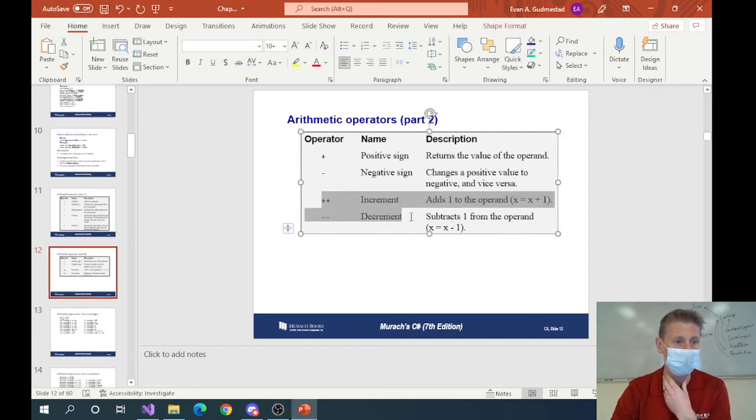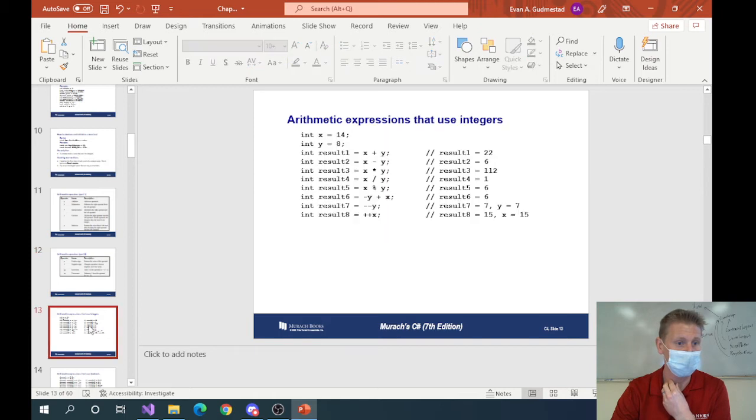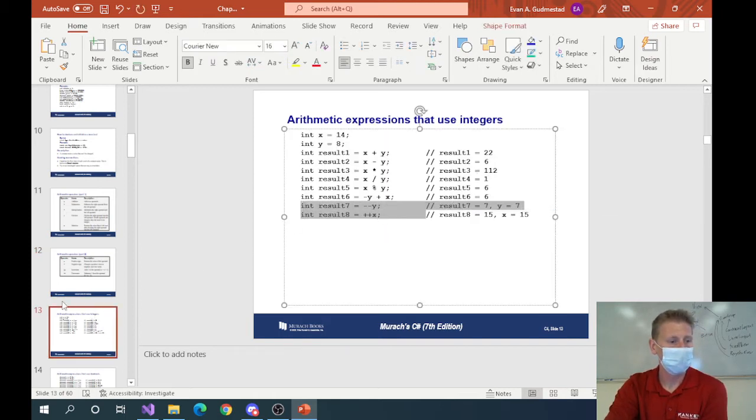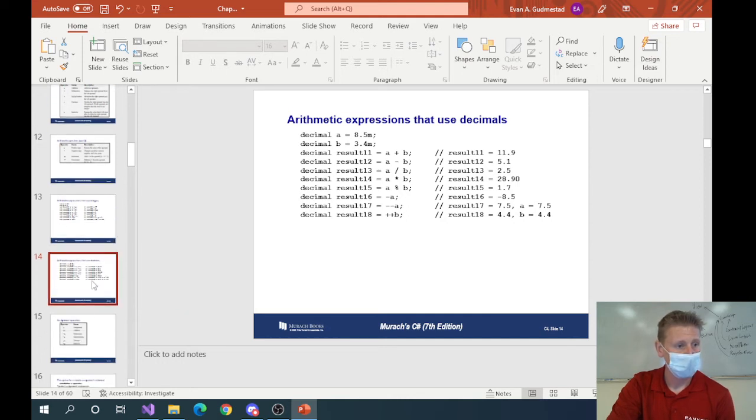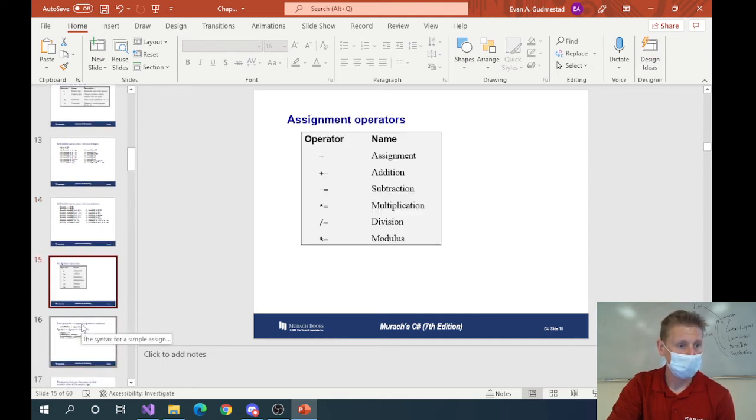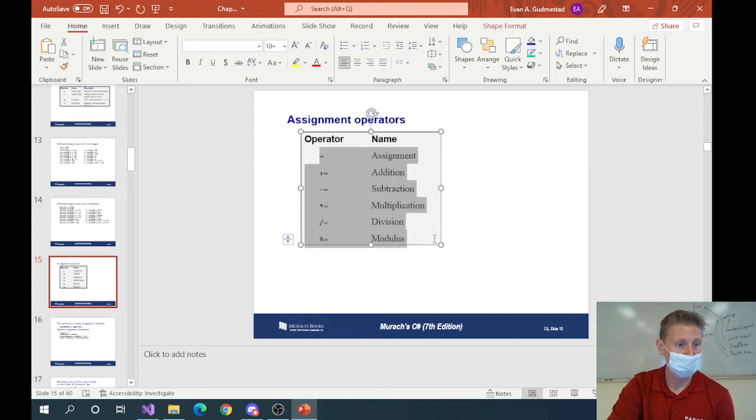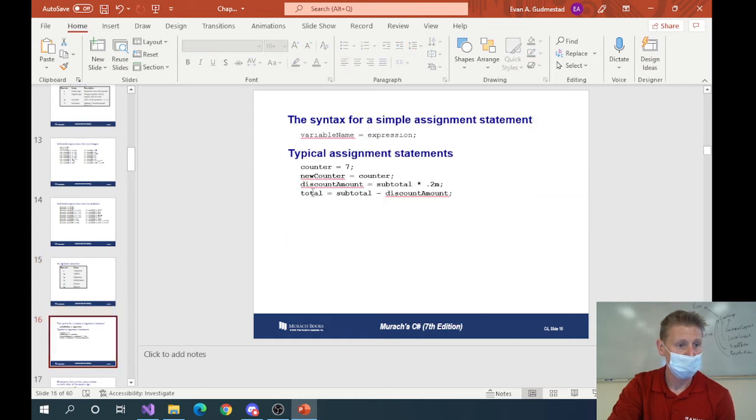We covered prefix and postfix, all that fun stuff yesterday. We talked about how this would work yesterday. Lots of book examples on shorthand operators. We've talked about that before.